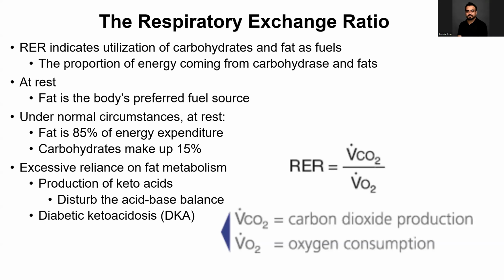People with diabetes are insulin resistant and cannot use glucose as a fuel source, so they rely on fat metabolism. From burning more fat, they produce more keto acids, and that's why we call it ketoacidosis, DKA.